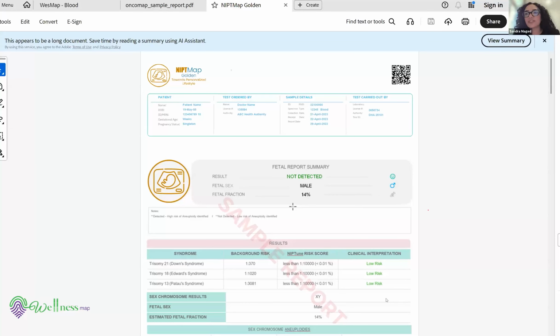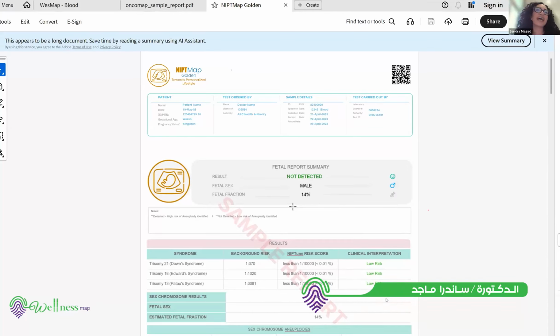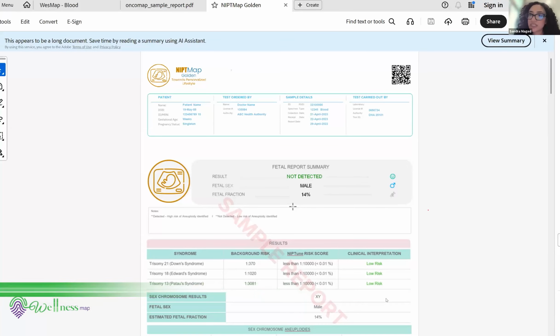And something that is very, very important when it comes to NIPT tests in general is that if the mother is obese, or if she's taking any sort of aspirin or blood thinners, this affects the result of the NIPT test. And it is very important to communicate that with the patient before taking the sample, because we've seen a lot of patients who freak out when we ask them for a second blood withdrawal because there wasn't enough fetal fraction in the first one.